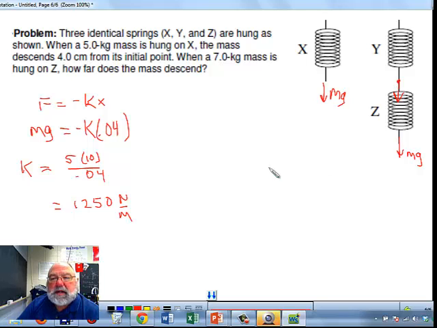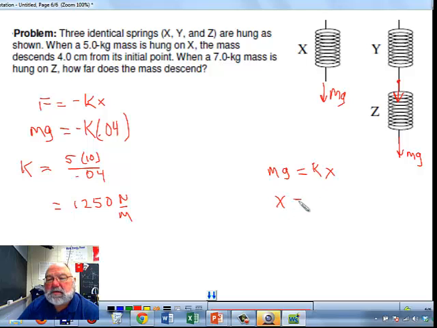Okay, so that means that the force on Y is mg, and we're going to find out how far it stretches using Hooke's law, kx. So the force acting on the spring is mg, which stretches it a distance x.